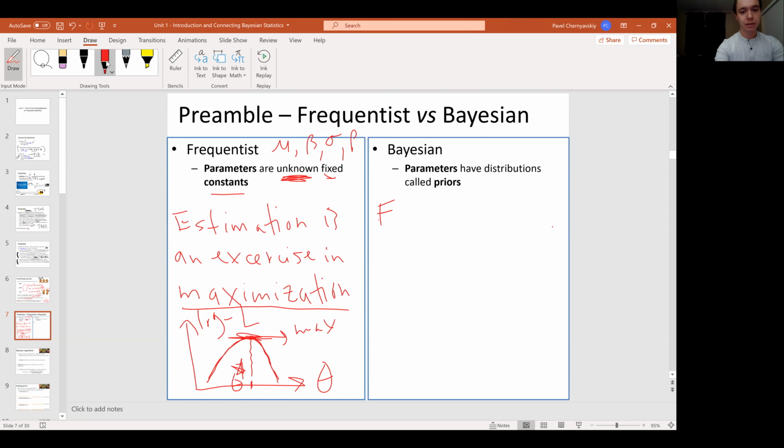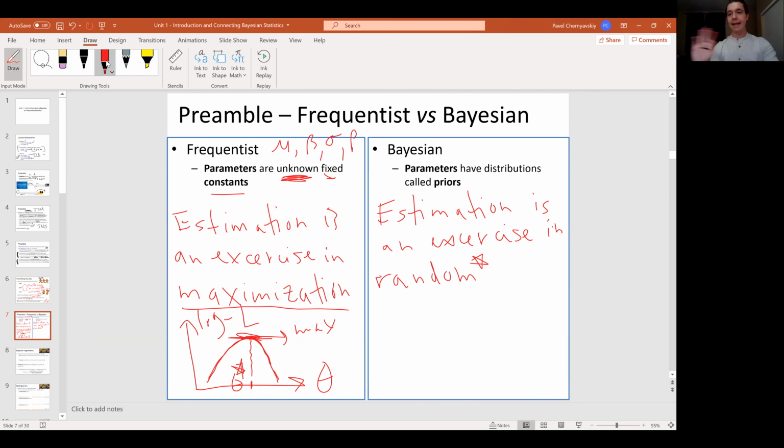Estimation is an exercise in random number generation. It's not, and I'll put random with a star, it's not really random, or it's not truly random.